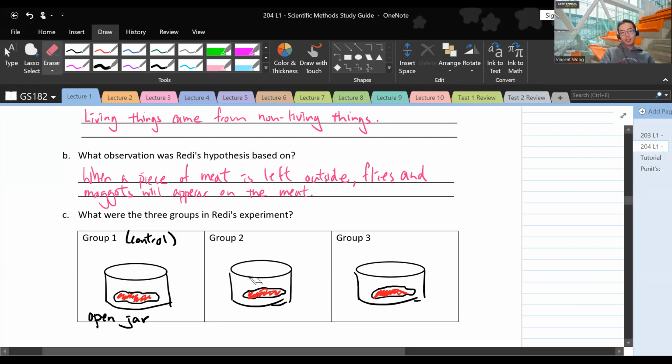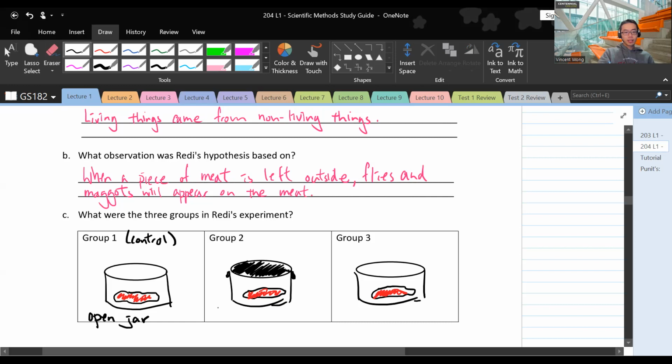Does anybody remember what the second group was? What kind of modification he made to the jar? What does the note say? Maybe a sealed jar. Yeah, so he sealed one of them, completely sealed.